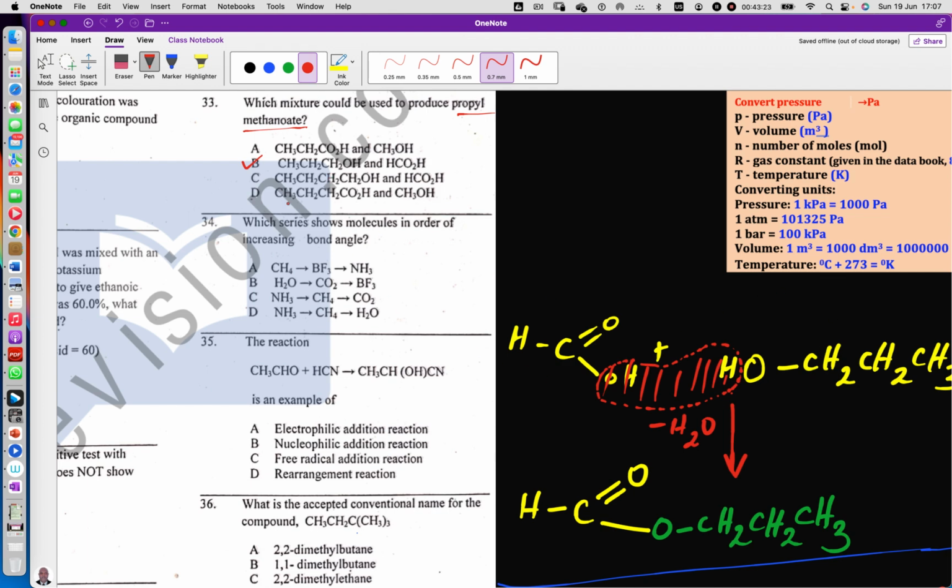This is propan-1-ol, 1, 2, 3, and this is methanoic acid. So we are on the right answer, B.